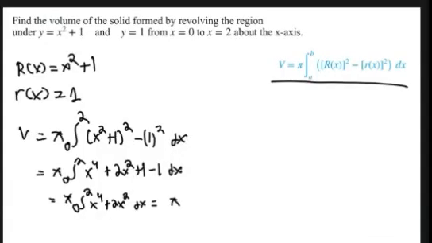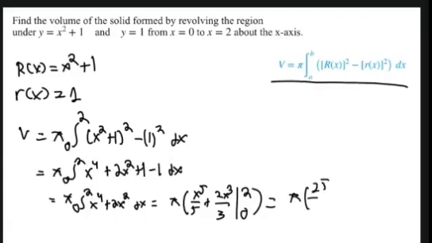Now that we have that, we're going to integrate it, and we get x to the power 5 over 5 plus 2x to the power of 3 all over 3. And we're going to evaluate it from 0 to 2, which we'll get 32 over 5 plus 16 over 3.